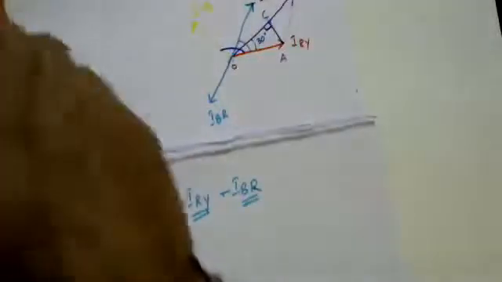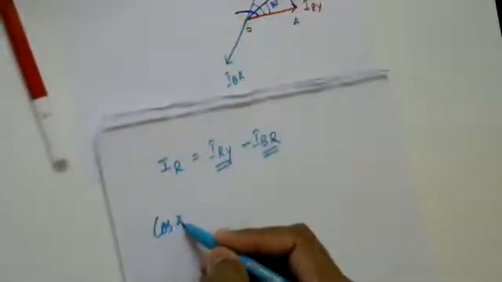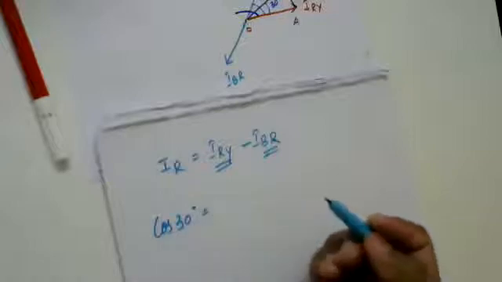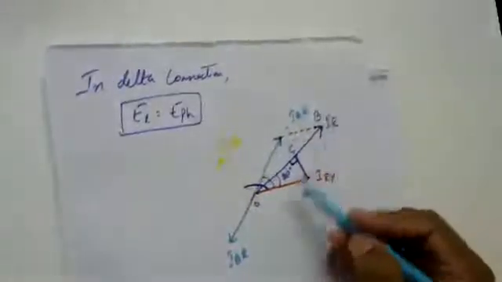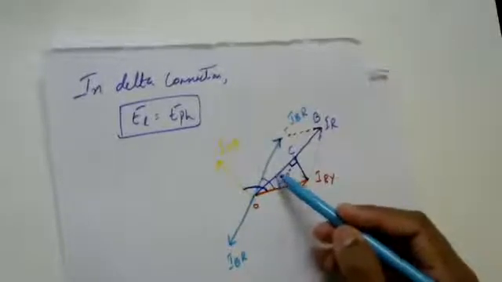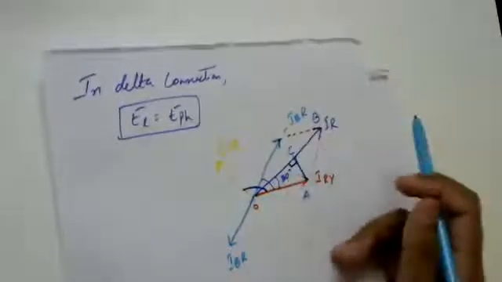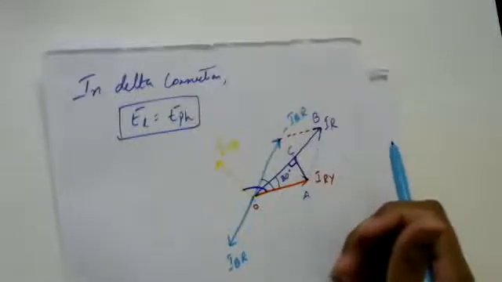Cos 30 degree is equal to, since this is angle 30, the adjacent side divided by hypotenuse.